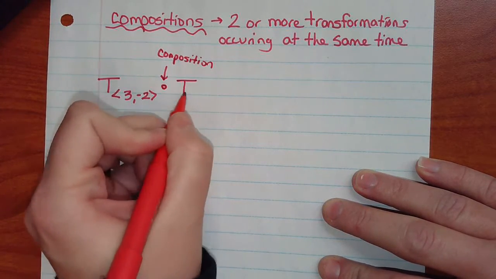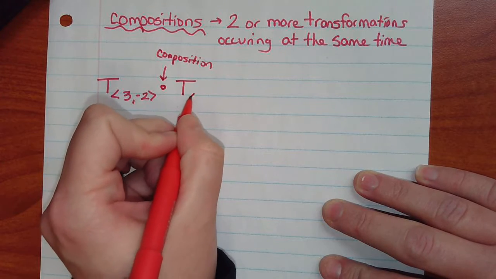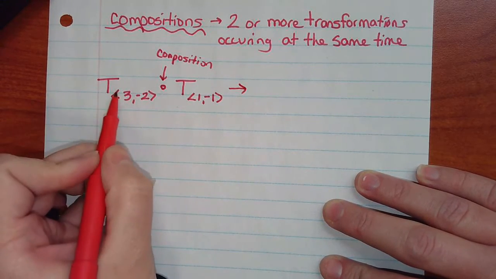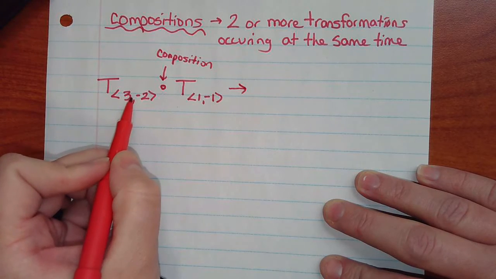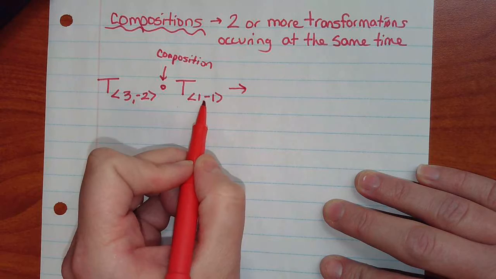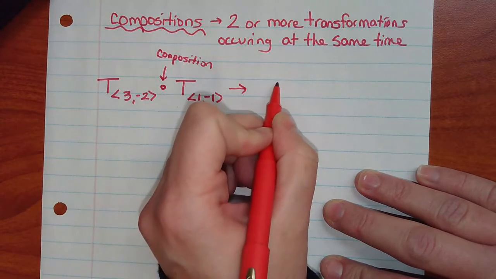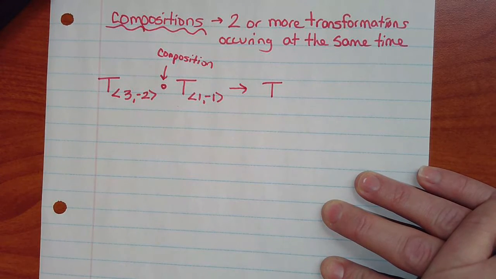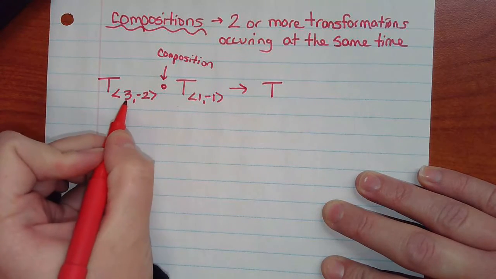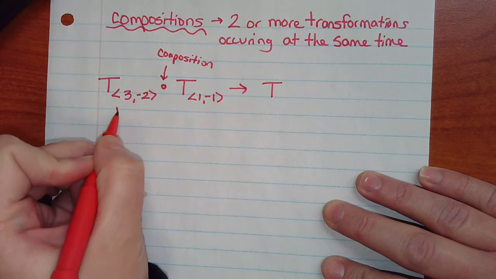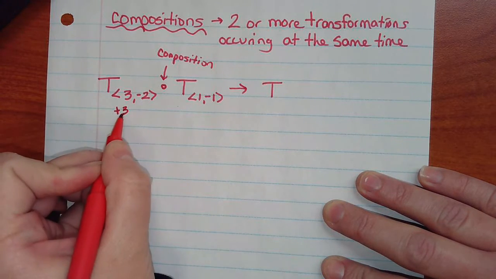And then I had another translation that went 1, negative 1. They want to know then if I have this translation and I move a point this much, and then if I do another translation and I move a point this much, how much did I actually move? So if you think about it, if I took a point and I moved it 3, that means I went plus 3 on the x-axis.